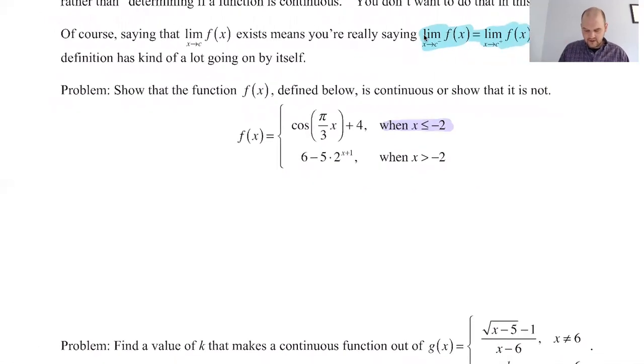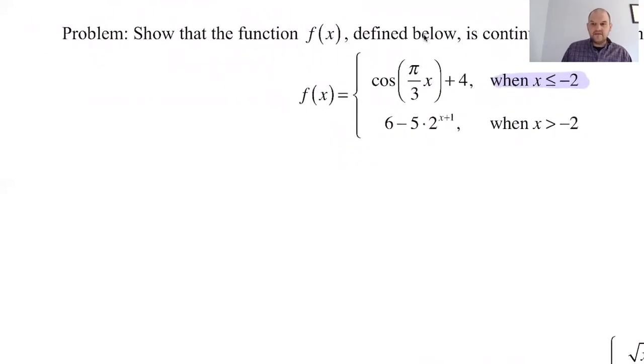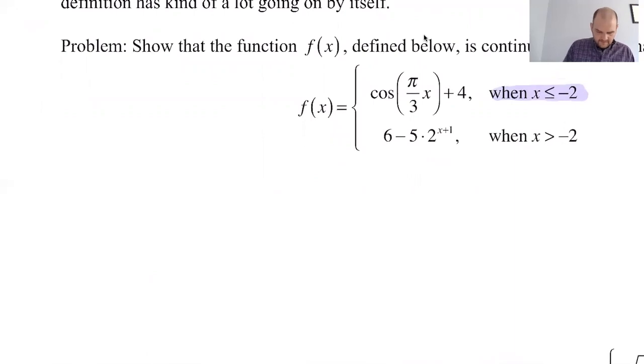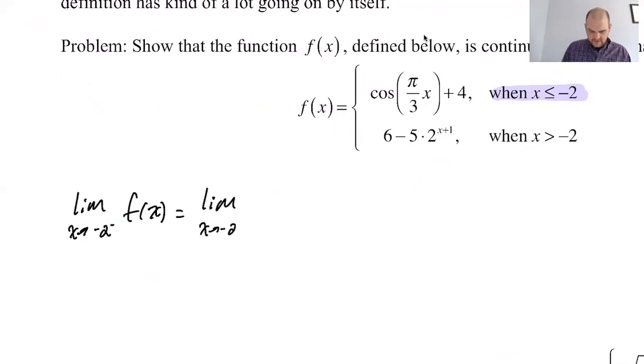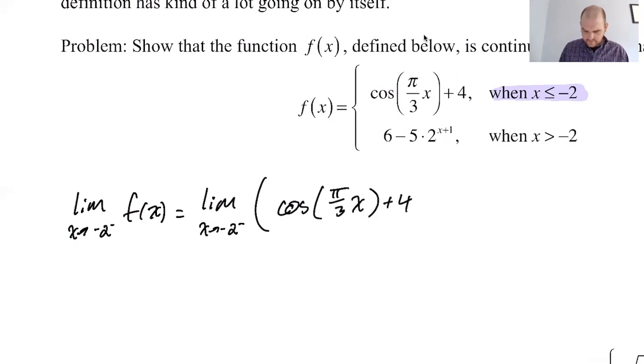So I'm going to start off, and I'm going to say that the limit as x approaches -2 from the left of f of x is equal to the limit as x approaches -2 from the left of, now use the definition, cosine of pi over 3 x plus 4.